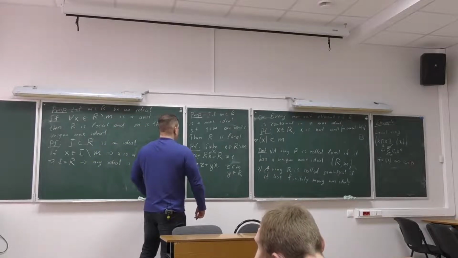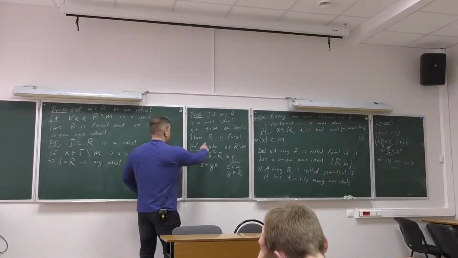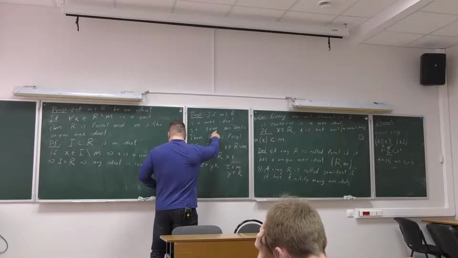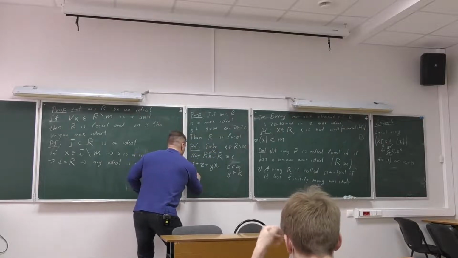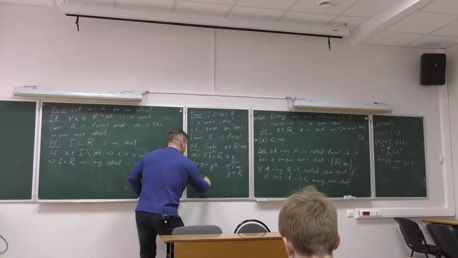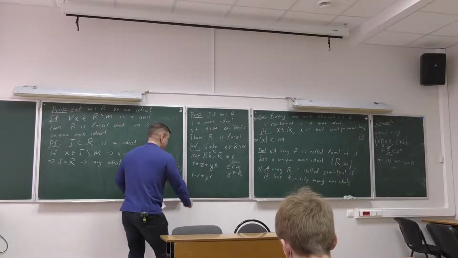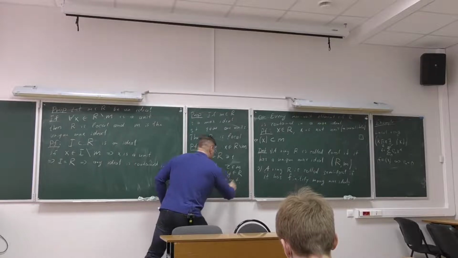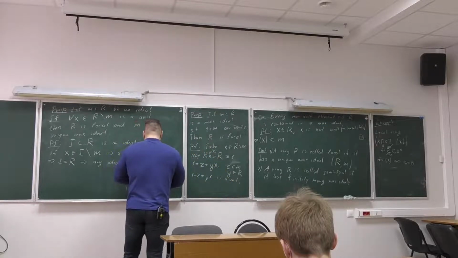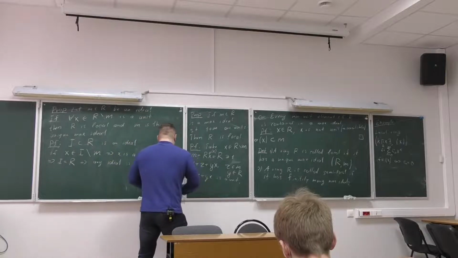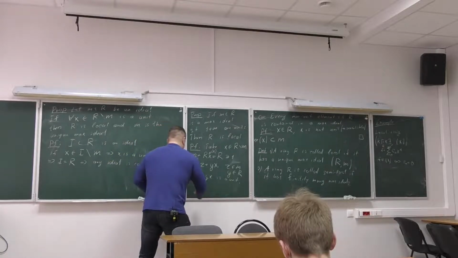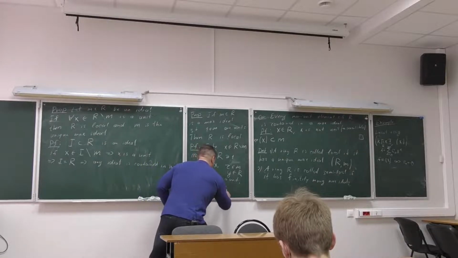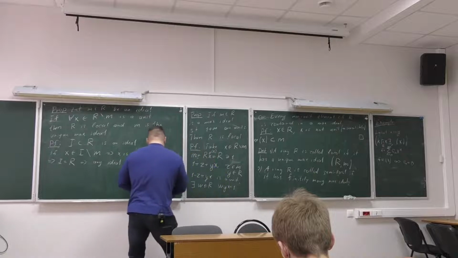Now I know that if I have something of the form 1 plus something in the maximal ideal, then this is a unit. So 1 minus z, which is the same thing as yx, is a unit. Well, if this is a unit, there is w in this ring such that the product of w, y and x is equal to 1.